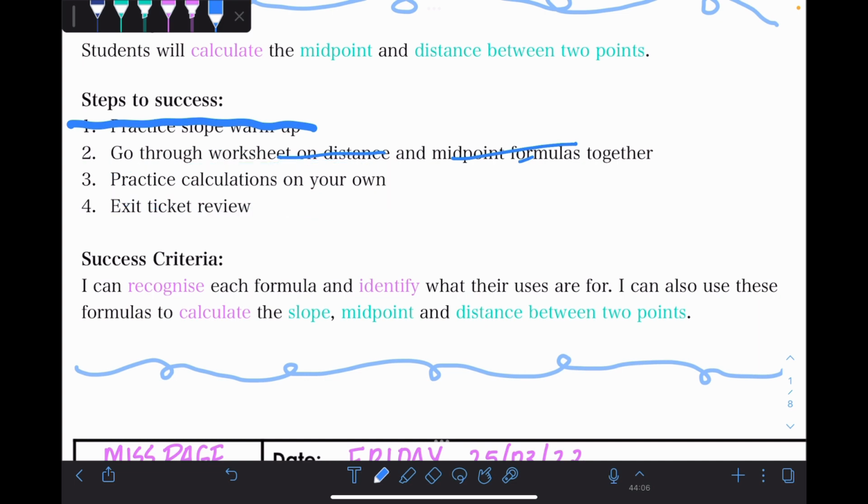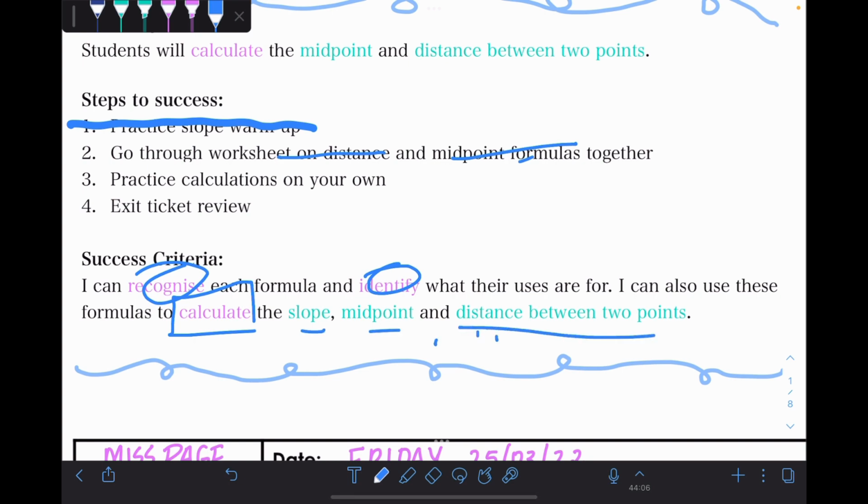And then after you do that, please practice that exit ticket review, because you need to make sure that you can recognize and identify those formulas. And you also need to be able to calculate the slope, the midpoint, and the distance. You need to know these for your exam.